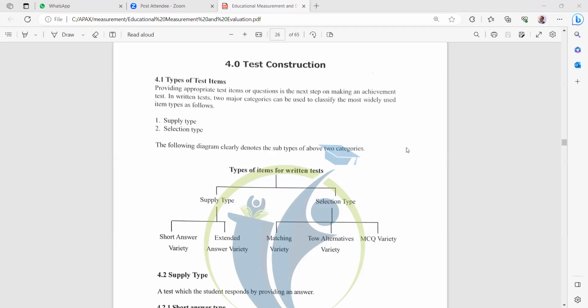Right? In the selection type, we may have different levels of selection. Like there can be binary choice. 2 options are given. So what you have to do is to select one. Right? So even if the students don't know the answer, there's a 50% possibility of getting it correct, because the questions are like yes, no, and true, false, right, wrong.